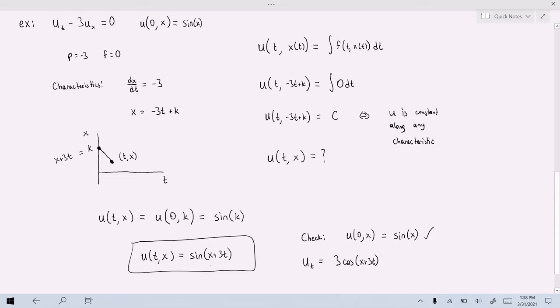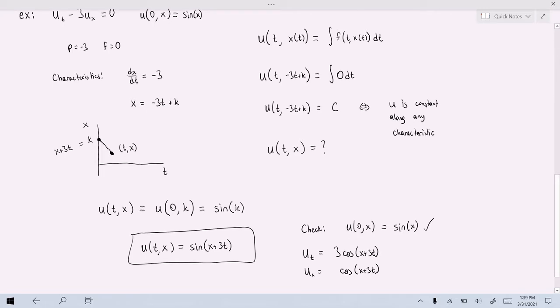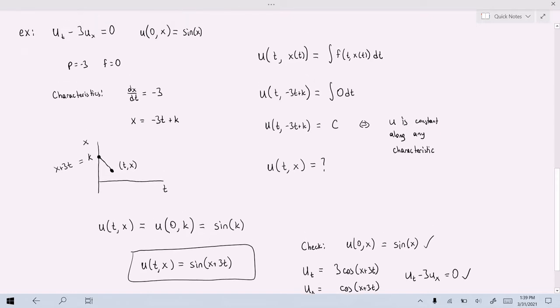The partial of u with respect to x would be cosine of x plus 3t. So if we take u_t and we minus 3 of u_x, notice that they would cancel out and give us 0. So in fact, this function u is also a solution to our PDE.